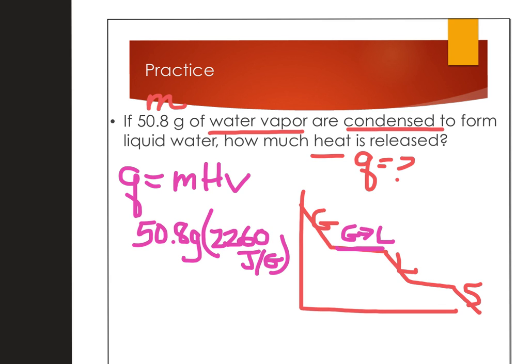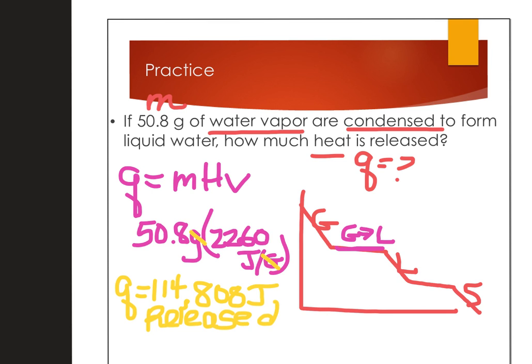My grams are going to cancel, and I get Q equal to 114,808 joules. And this was released. If I don't write the word released, I would have to put a negative sign in front of it because it's exothermic.